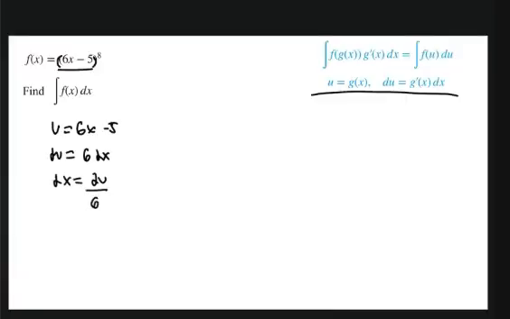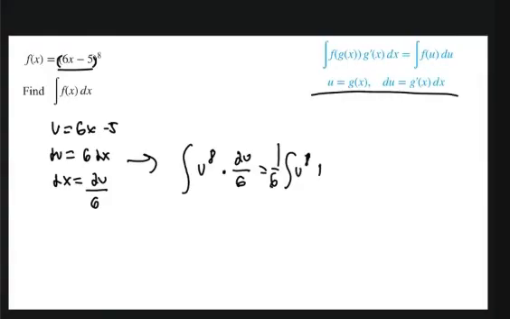Now let's just rewrite the integral with what we know. So we can write the integral of u to the power of 8 times du over 6. So we can factor out the 1 over 6 to the outside of the integral. Now we can use the power rule.